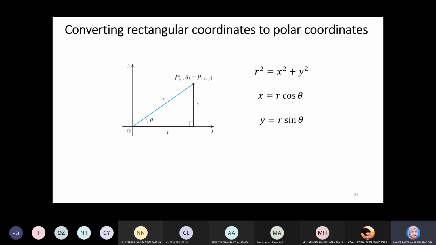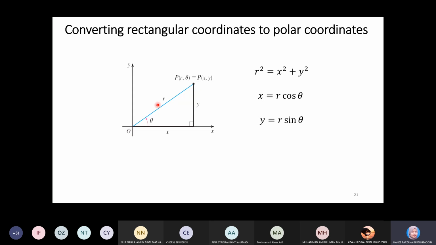When we want to convert from rectangular coordinates to polar coordinates, you can draw something like this. You have the y and x axes, and then you have this angle theta from the origin, from 0, depending on your shape, if it's a full circle from 0 to 2 pi or 0 to pi.